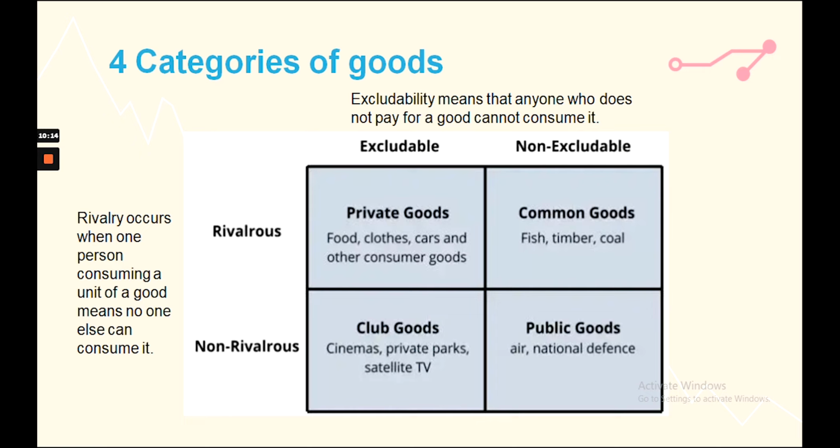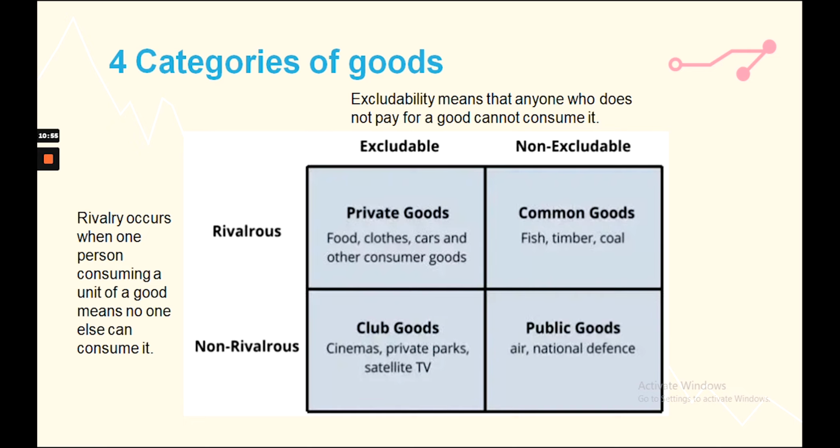If you go to a Lifestyle showroom and purchase a particular product, maybe jeans, then only you will be able to benefit from that product. Once you have purchased those jeans, another person will not be able to purchase that particular pair. Maybe he can purchase another variety, but that particular jeans with a particular barcode cannot be purchased by another person. The same goes for food, automobiles and other consumable goods.